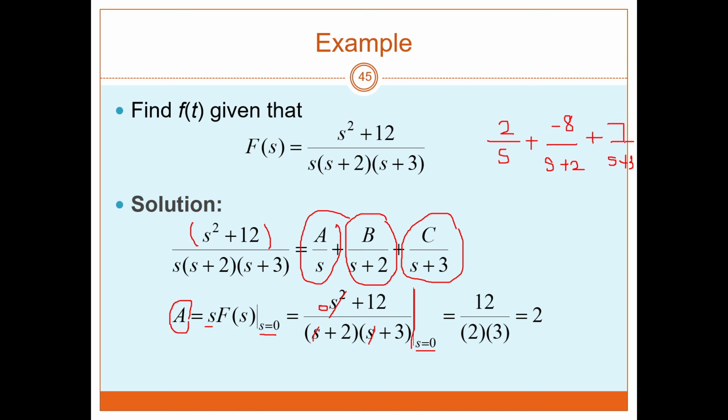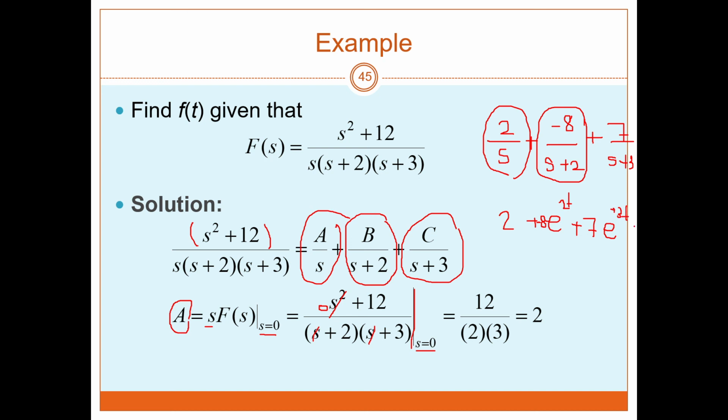So obviously this is u(t), and then this is e to the minus 2t, and there is minus 8 here, and then plus 7 e to the minus 3t.